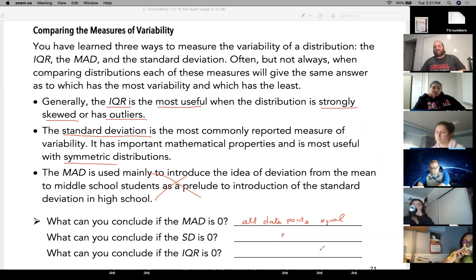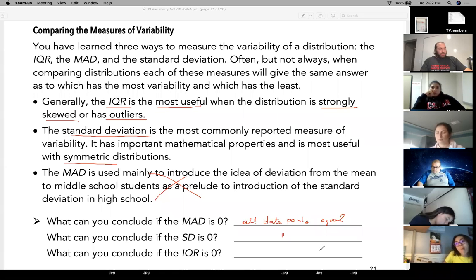What can you conclude if the interquartile range is 0? Remember what the interquartile range is? That means it's Q3 minus Q1, correct? Anyone? Bueller? Anyone there?